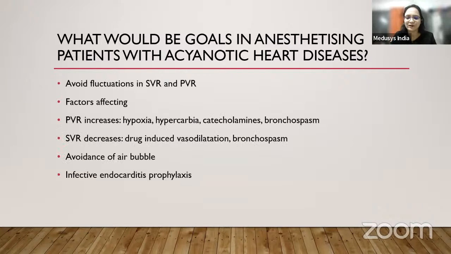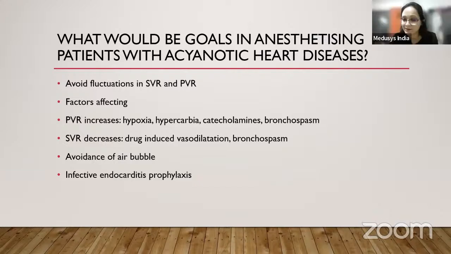So basically, if the patient already has a defect, which is a left to right shunt, we do not want any fluctuation in SVR and PVR, because what will happen if SVR is low and PVR is too high? Reversal of the shunt.